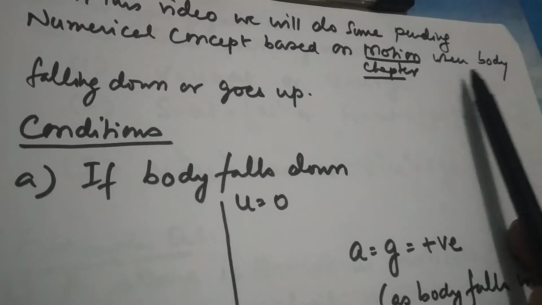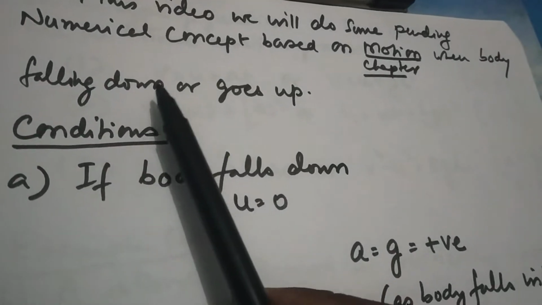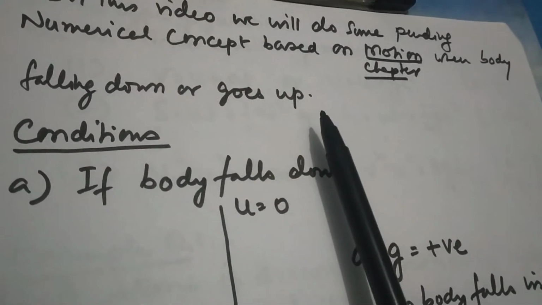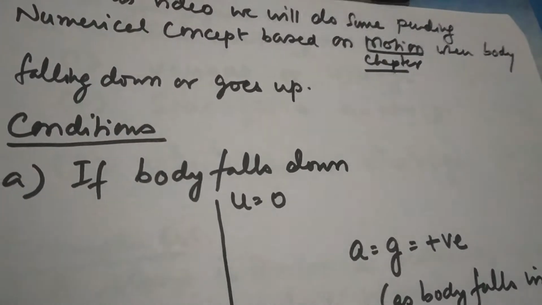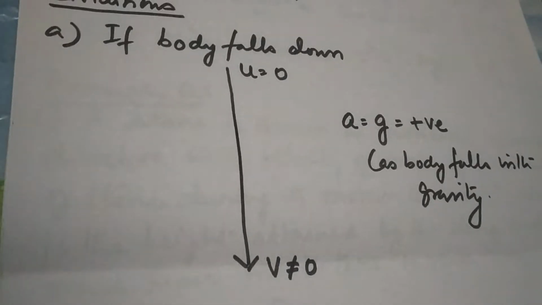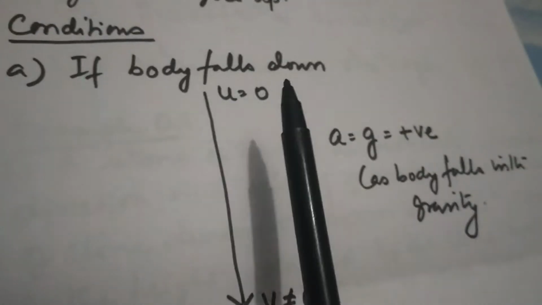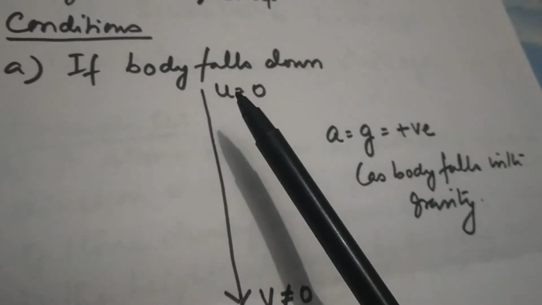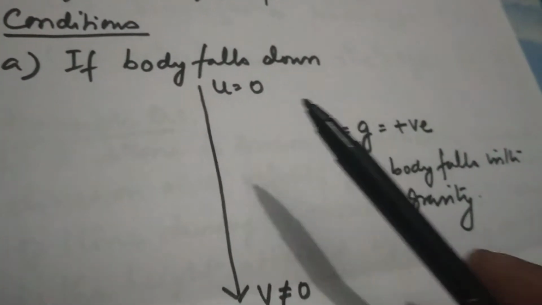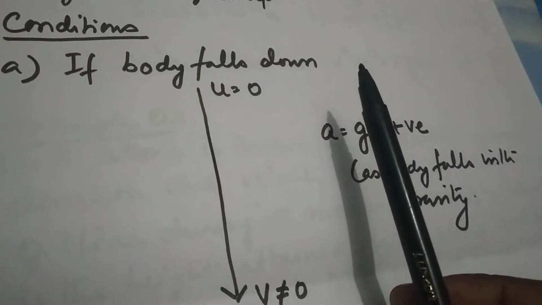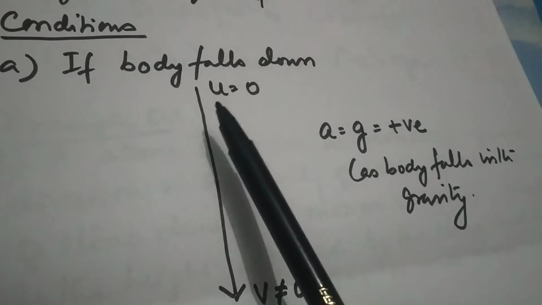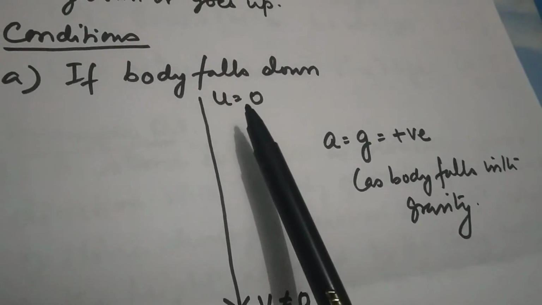There are two cases: when the body is falling down and when the body goes up. Observe the video two or three times and try to learn the conditions I am taking.